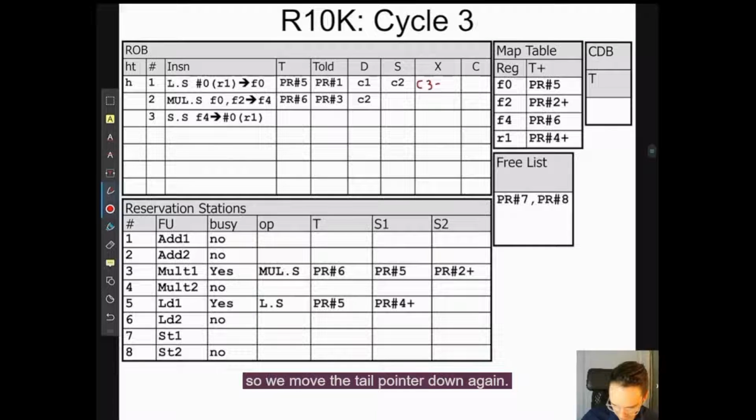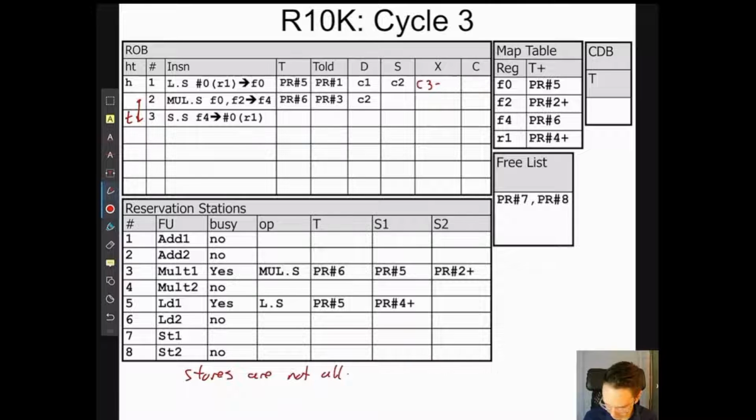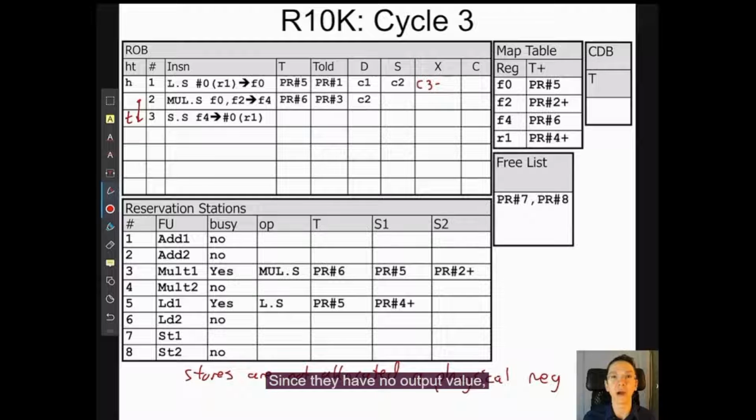So we move the tail pointer down again, tracking the youngest instruction in the instruction window. And we have ROB and reservation station entries to allocate, so it does not need to stall. I will note that stores are not allocated a physical register since they have no output value. So we allocate a reservation station entry.